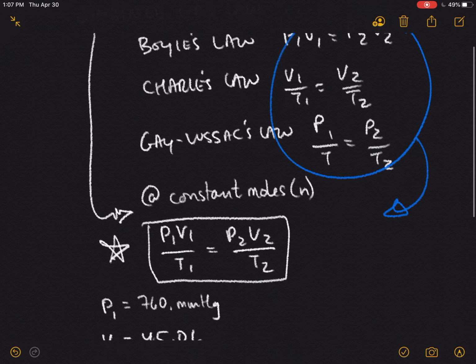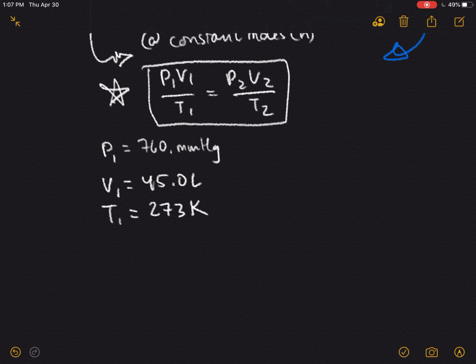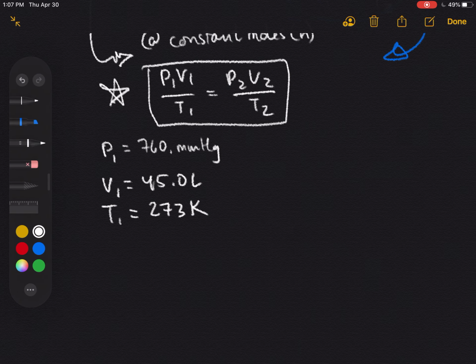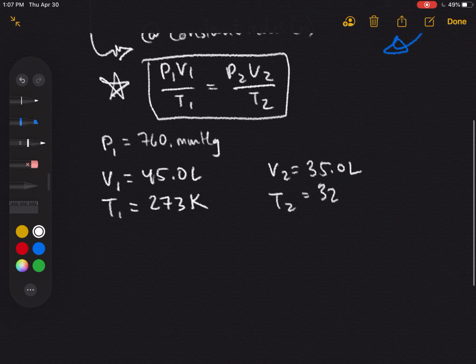Decrease the volume to 35 liters. We increase the temperature to 323 kelvins. And what we're not sure about is, well, what's our pressure going to be?